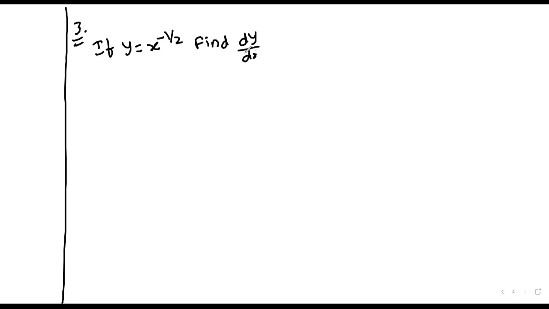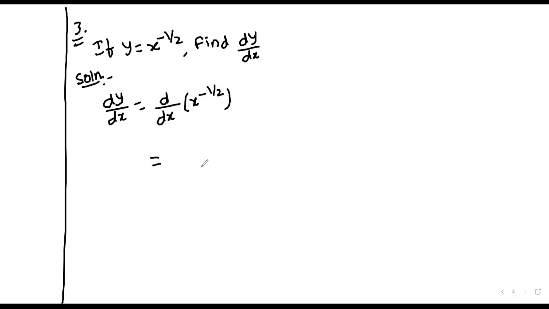Now let us consider another example. Suppose y is equal to x power minus half, then find dy by dx. That means dy by dx is equal to d by dx of x power minus half.